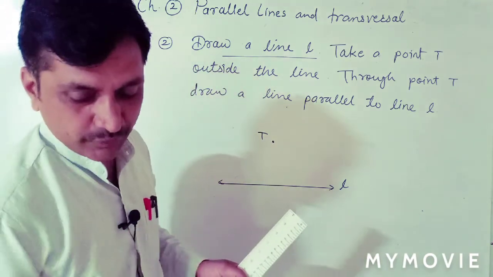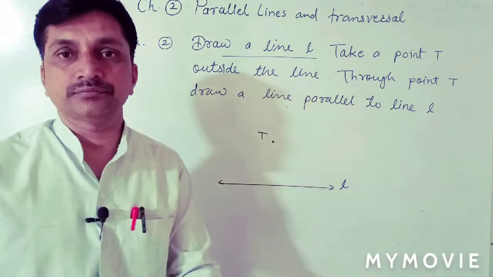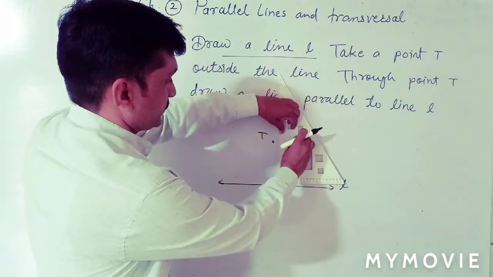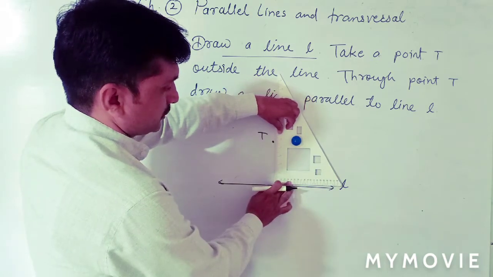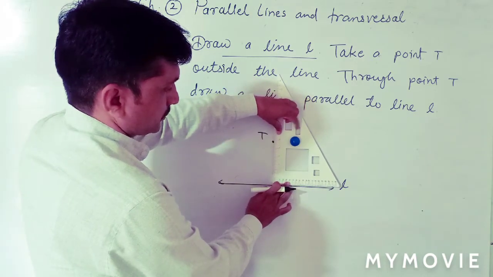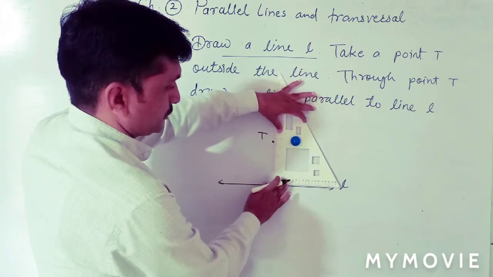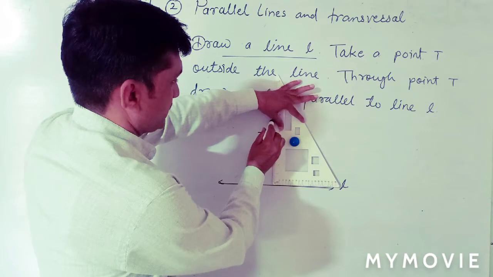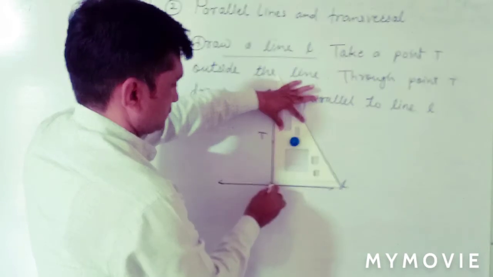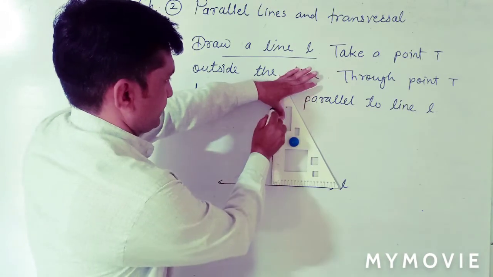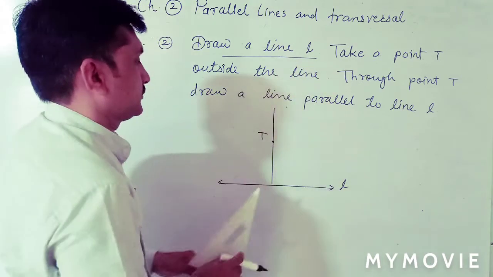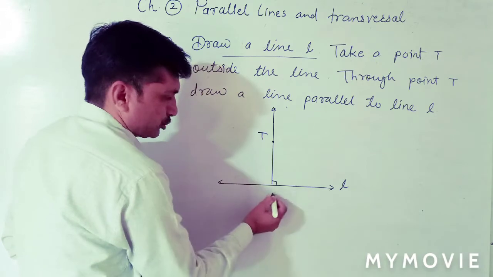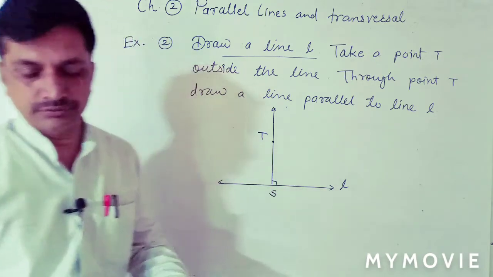Use a set square to draw a perpendicular line on line L. We want 90 degrees there. Here is the perpendicular.